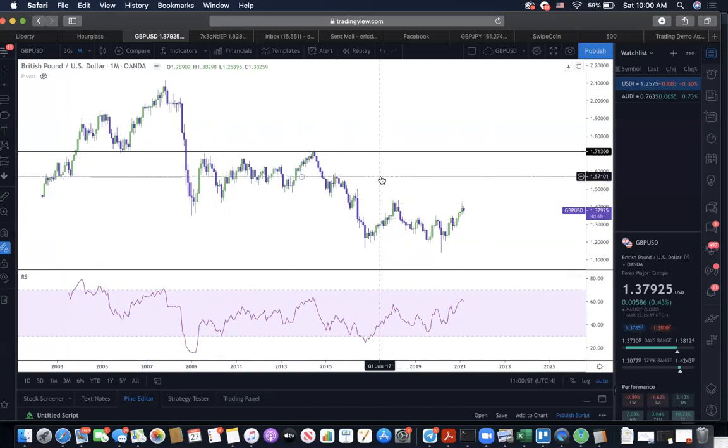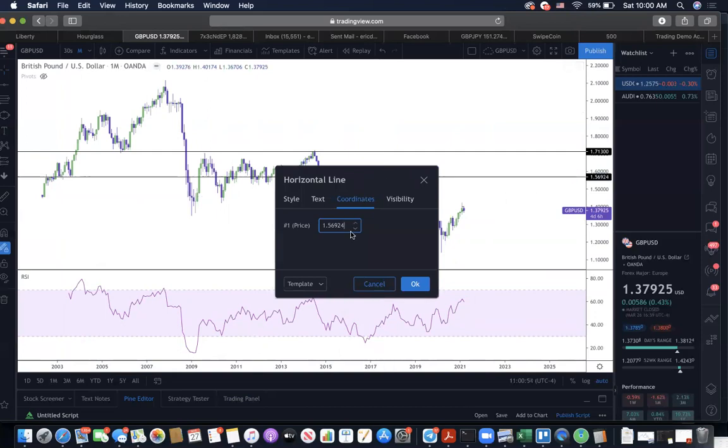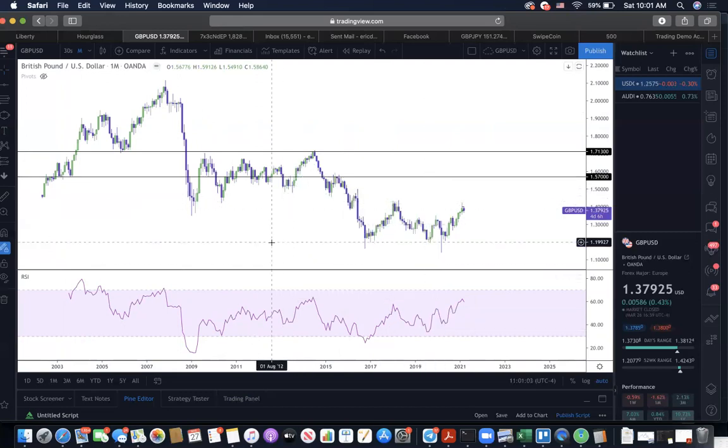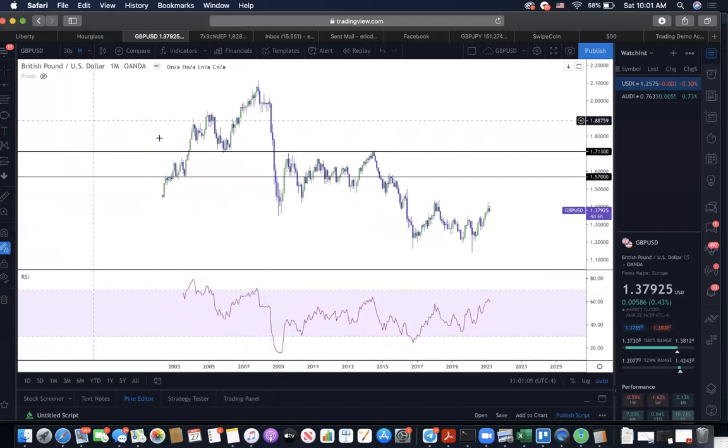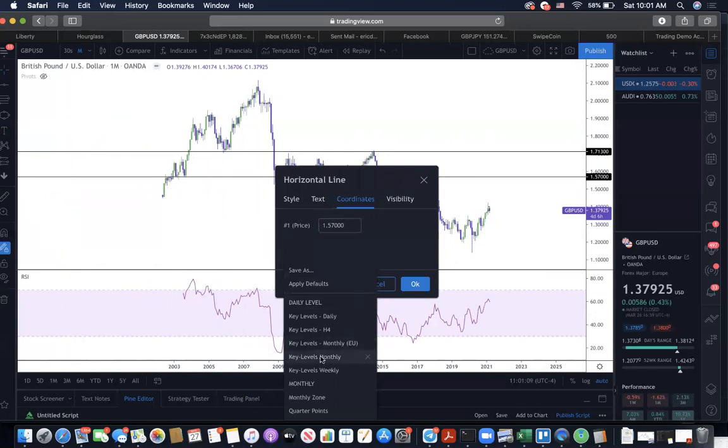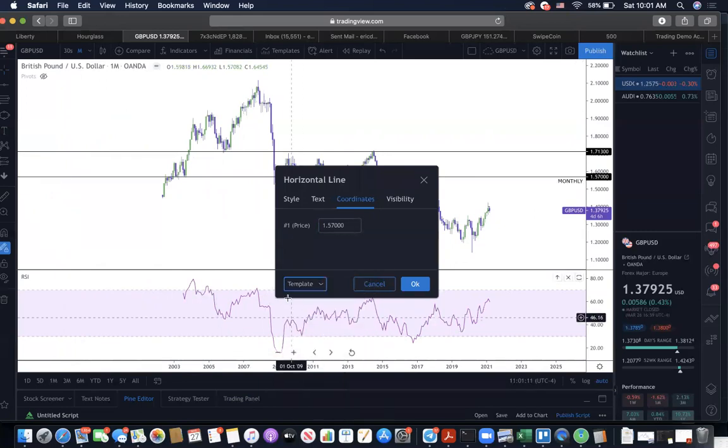So what I'm going to do with this one is round this to 157. Cool. So between this first one, I want to put my monthly, to let us know that this is a monthly level.